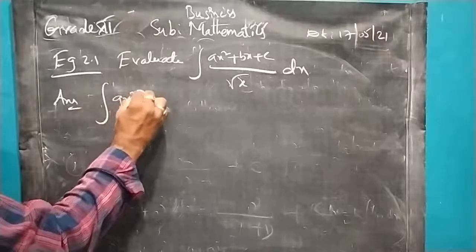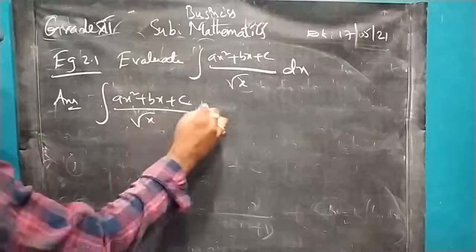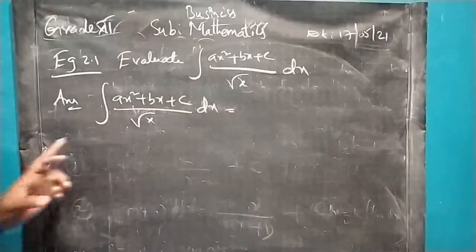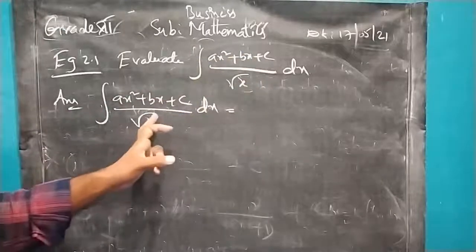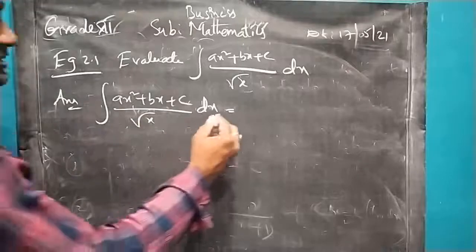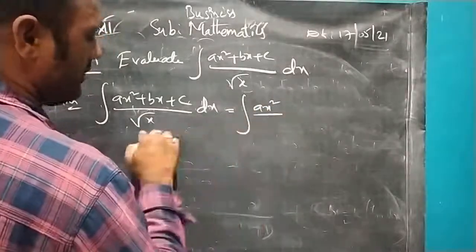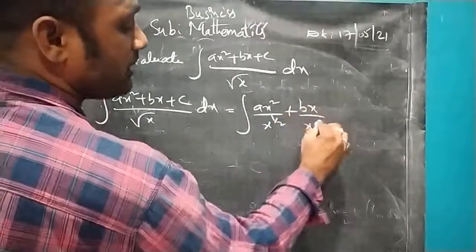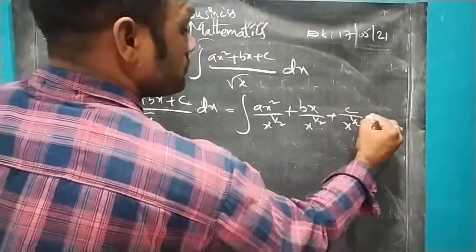Integral ax square plus bx plus c by root x dx is equal to, this can be written here. It is a combination of 3 terms, but in the denominator we have only one function. That can be written like this: integral a x square by x power 1 by 2 plus b x by x power 1 by 2 plus c by x power 1 by 2 dx.